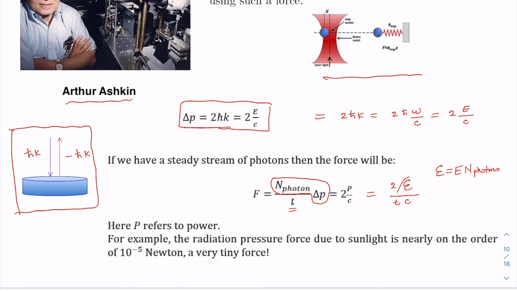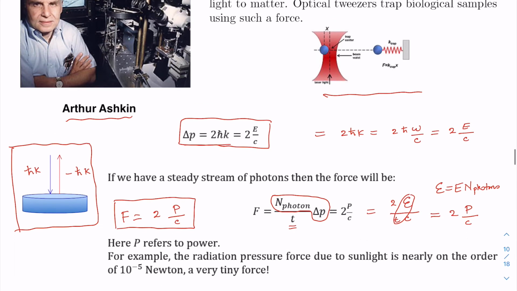Energy per unit time is nothing but power, so we can write it in this equation also. So the force is equal to twice the power divided by the speed of light. Okay, this is a useful formula, and we can apply it.